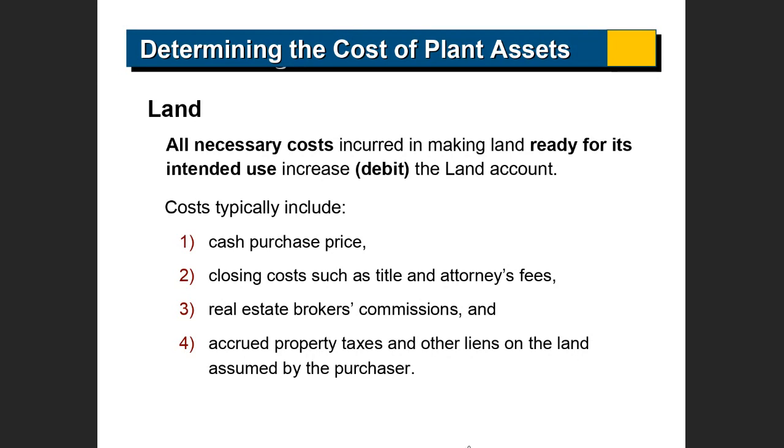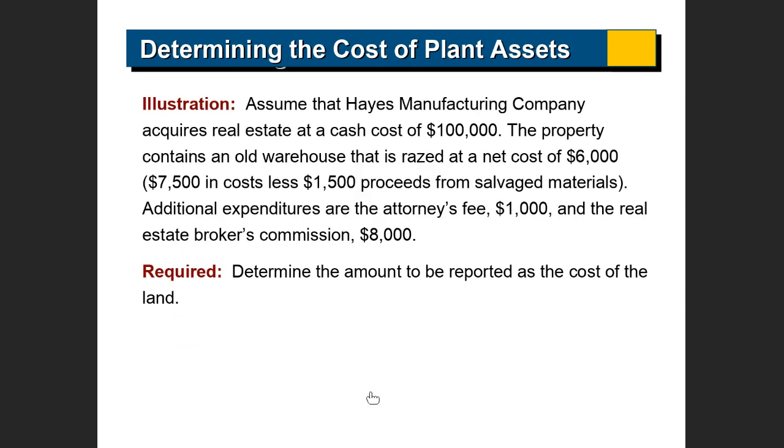Take a look at an example. Assume that Hayes Manufacturing Company acquires real estate at a cash cost of $100,000. The property contains an old warehouse that is razed at a net cost of $6,000. So they buy the land and pay $100,000 for it.